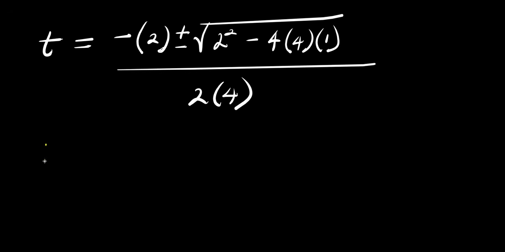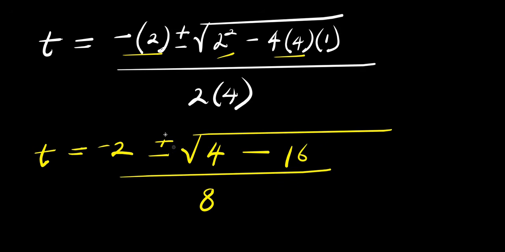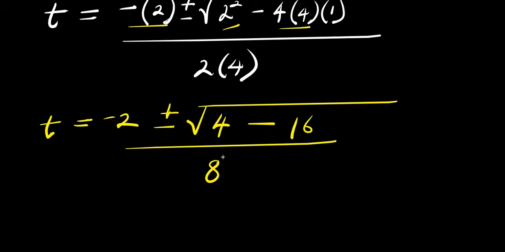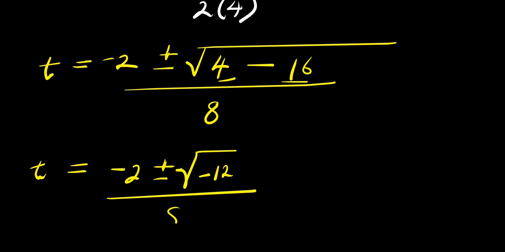So right here, I have t equals negative 2 plus or minus square root of 2 squared, 4, minus 4 times 4, 16 times 1, divided by 8. So from here, I have t equals negative 2 plus or minus square root of 4 minus 16. This is negative 12 divided by 8.